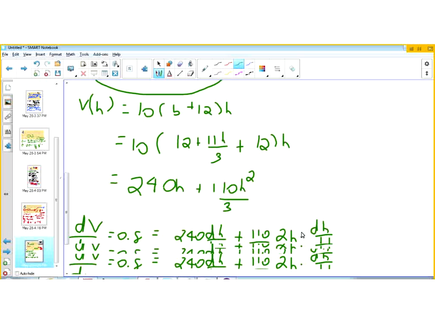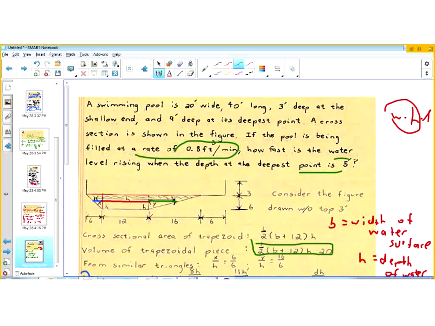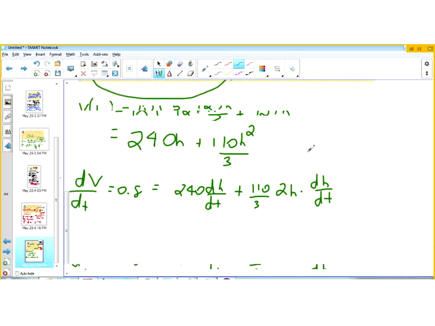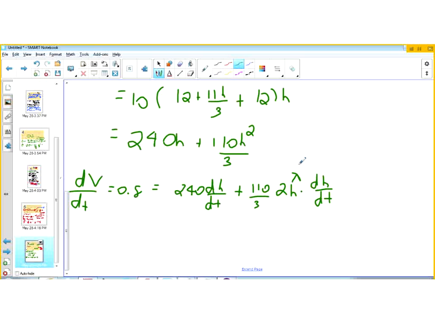And we're given H, right? The initial value of H. So the depth at the deepest point is 5 feet. So how fast is the water level rising at the point in time when the depth is 5? So we know this is 5.